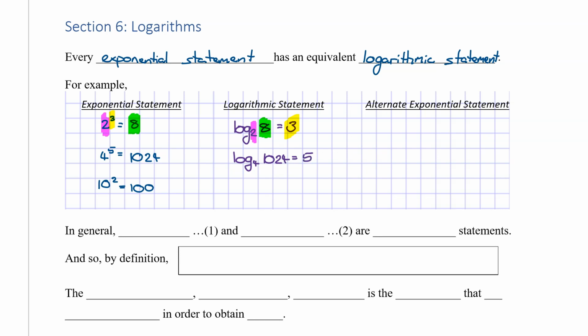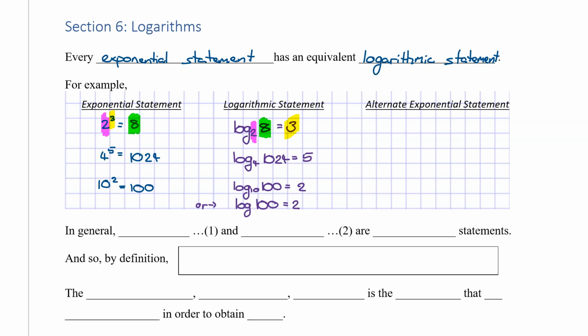And similarly, we can say log base 10 of 100 is equal to 2. Or another way of writing this is simply log 100 equals 2. Notice that I've dropped the base 10, and when we simply write log, it's implied that it's to a base of 10.